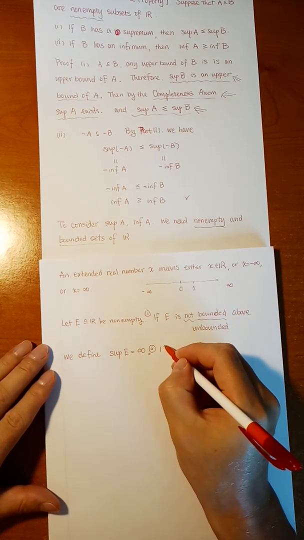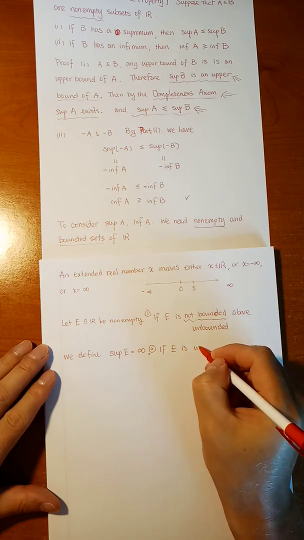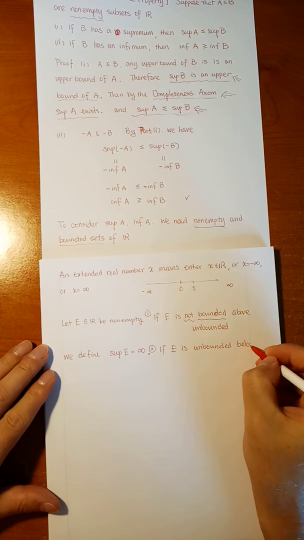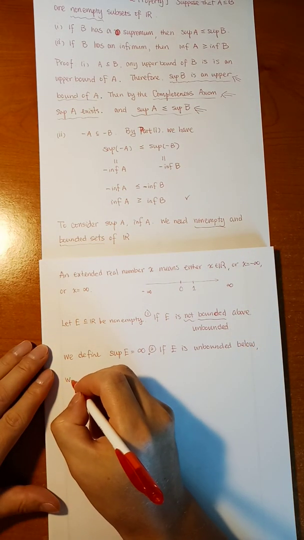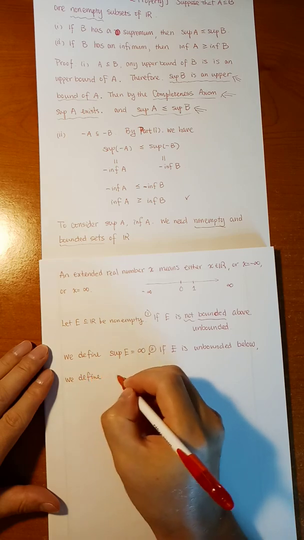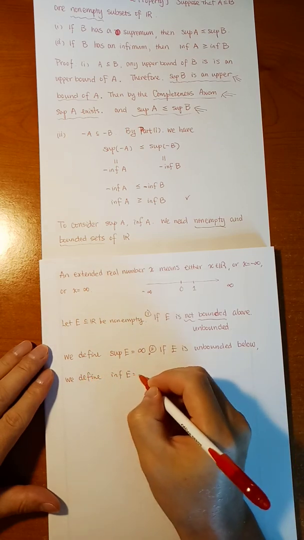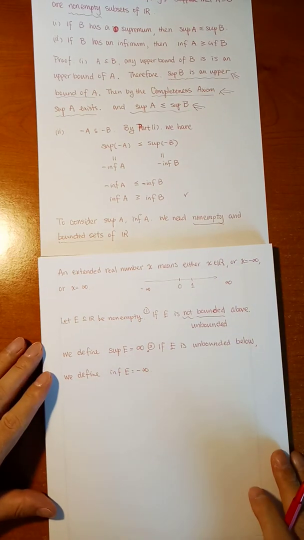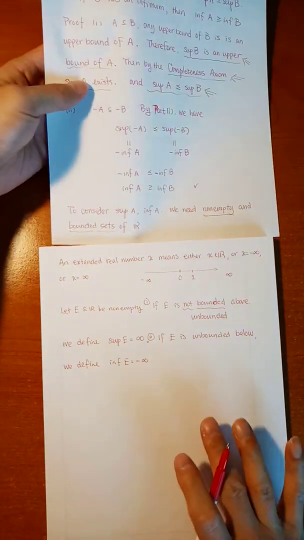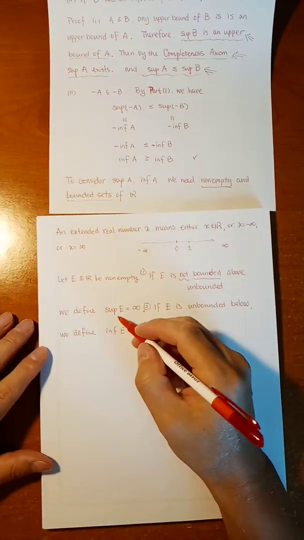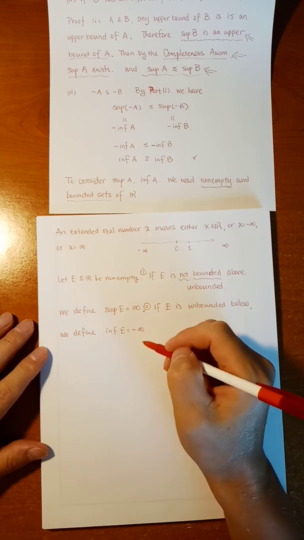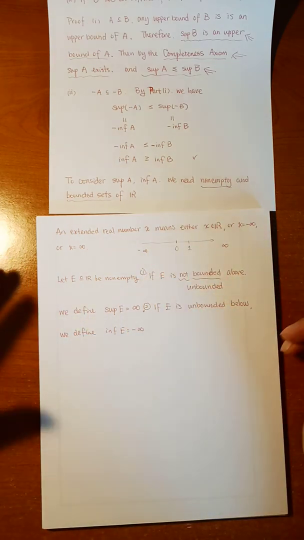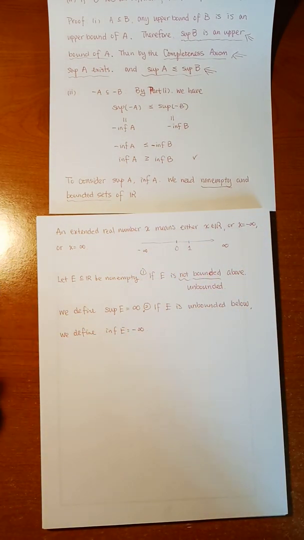And second case, if E is unbounded below, then we define the inf of E to be negative infinity. If E is unbounded above and unbounded below, then we define sup E as positive infinity and inf E as negative infinity. So just combine the first two cases, you will get the third case.